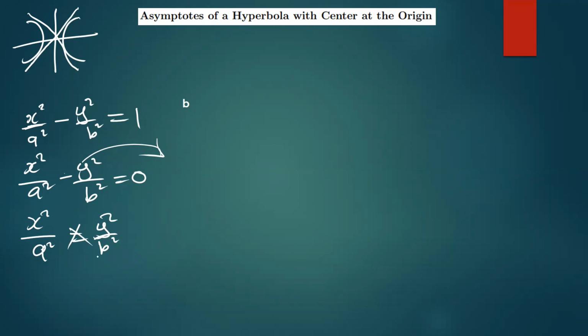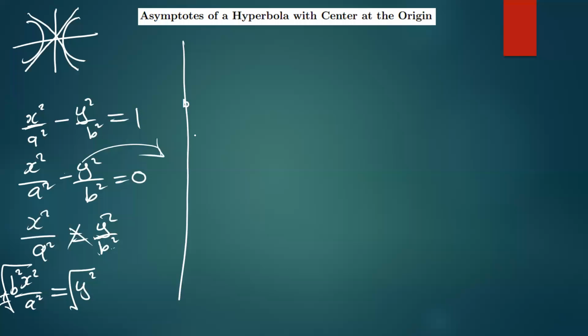Making y the subject, b squared will come this side so that you have x squared. When you cross multiply, you have b squared x squared over a squared being equal to y squared. When you find the square root of both sides, you expect the solution to be y is equal to plus or minus the square root of b squared x squared over a squared.